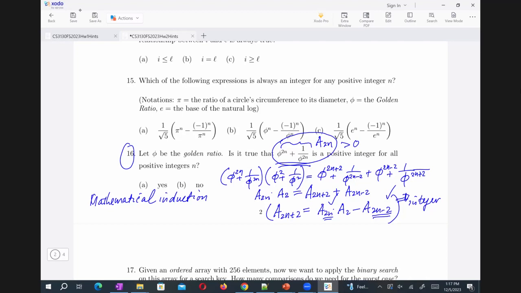So can you make the induction conclusion based on the formula here? But you need to go through all the details for mathematical induction. These two give you a chance to practice understanding of mathematical induction. It's very important.